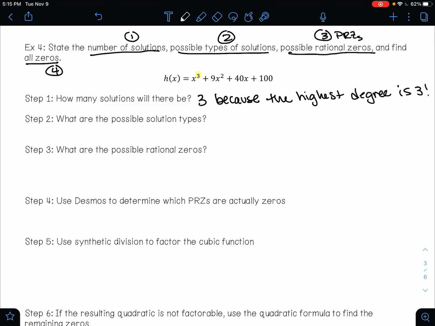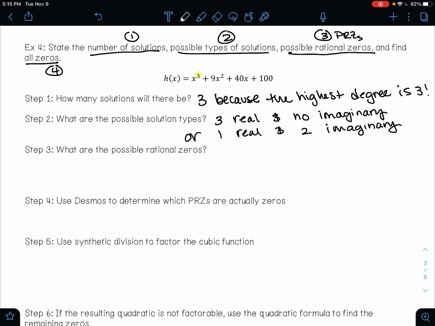Well, I could have 3 real zeros and no imaginary. And there's only one other type of possibility. I could also have 1 real zero and 2 imaginary. Remember that your imaginary numbers always have to come in pairs. Your imaginary numbers always need an imaginary friend.